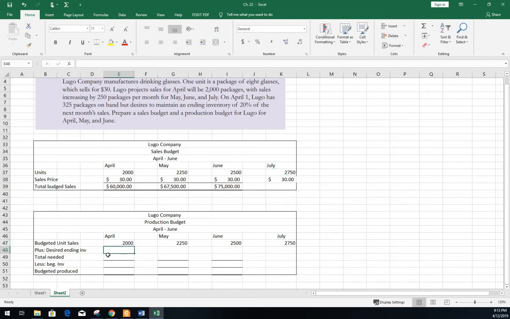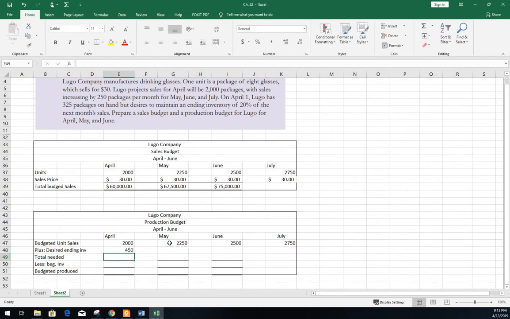Okay, so desired ending inventory. It says here the company desires to maintain an ending inventory of 20% of the next month's sales. So this is equal to 20% times the next month's sales.